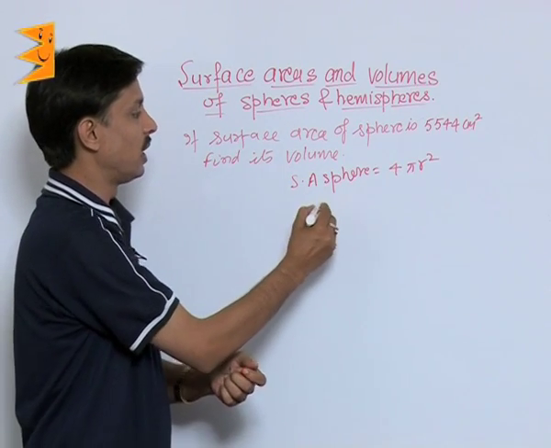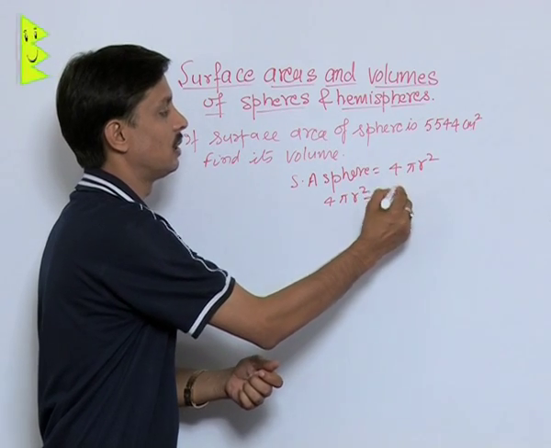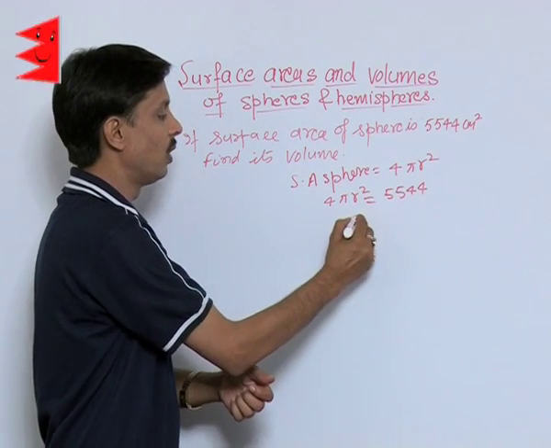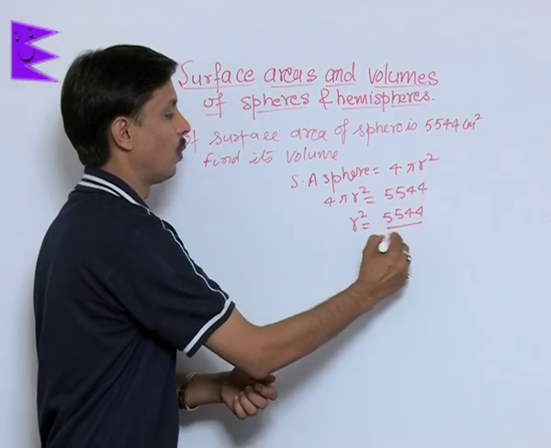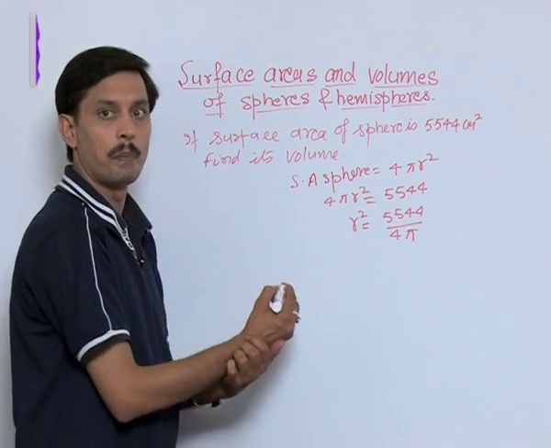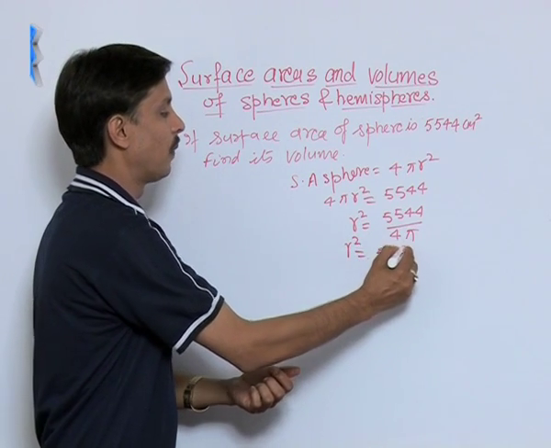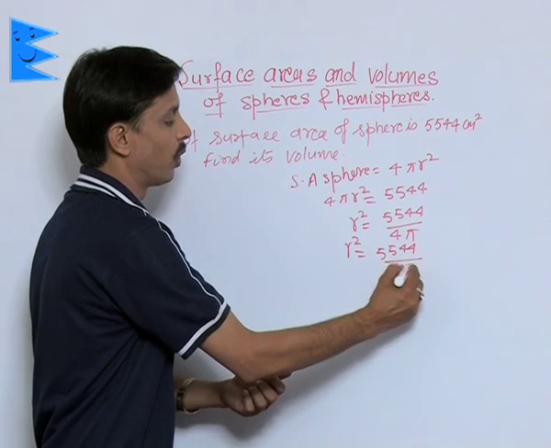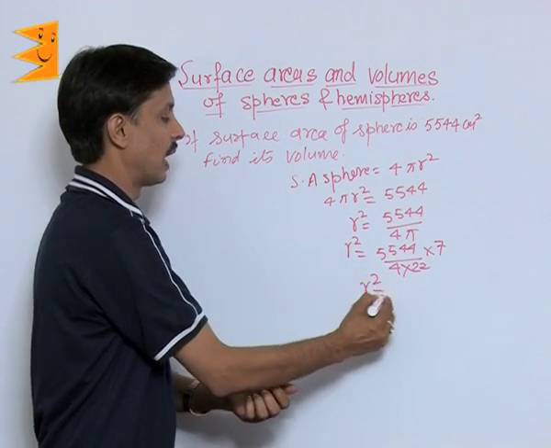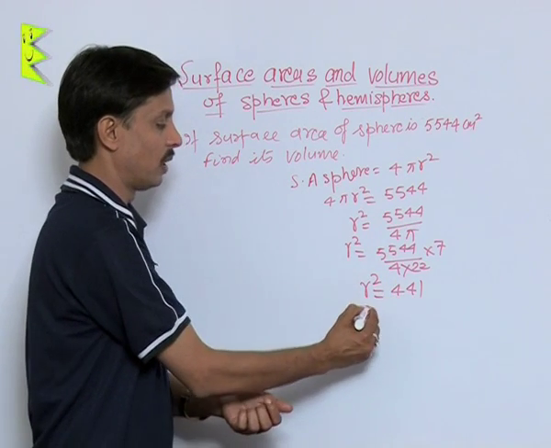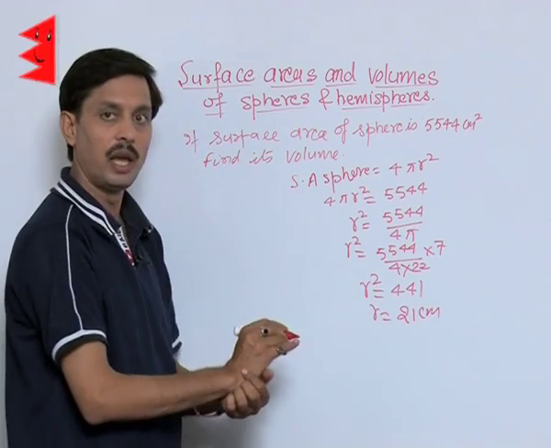So you can say 4 pi r square's answer is 5544, or r square becomes 5544 upon 4 pi. R square becomes 5544 upon 4 into 22/7. Its calculation is coming 441 and its square root is 21 centimeter.